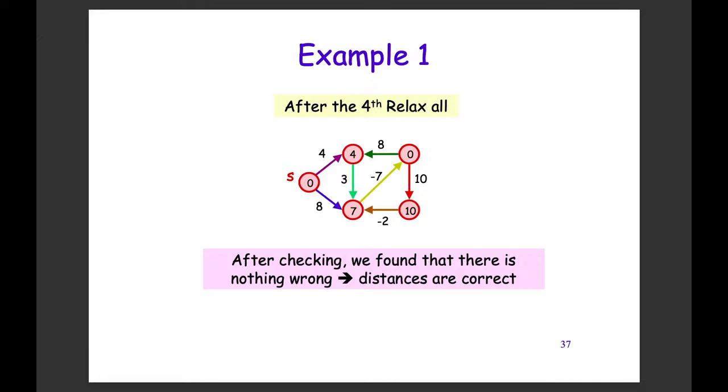And then after the second round, all nodes with distance 2 edges from the source node S will be correctly set. So that's why we need to consider only n-1 rounds, because there is no negative cycle. So every vertex will be reached from S with the shortest path without any cycle. And in that case, n-1 rounds will be enough.